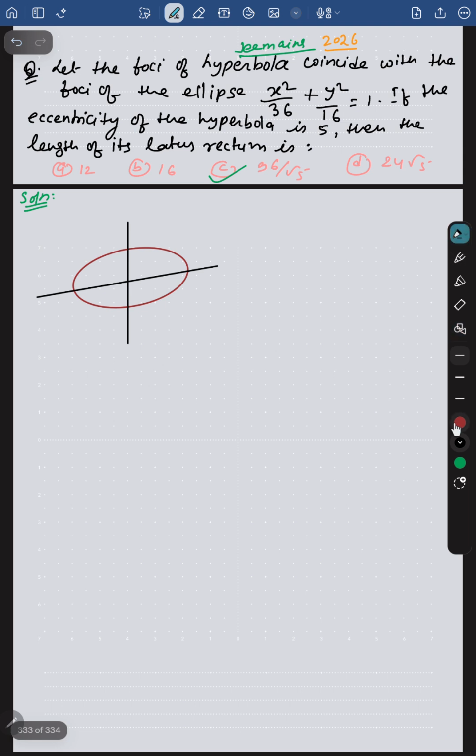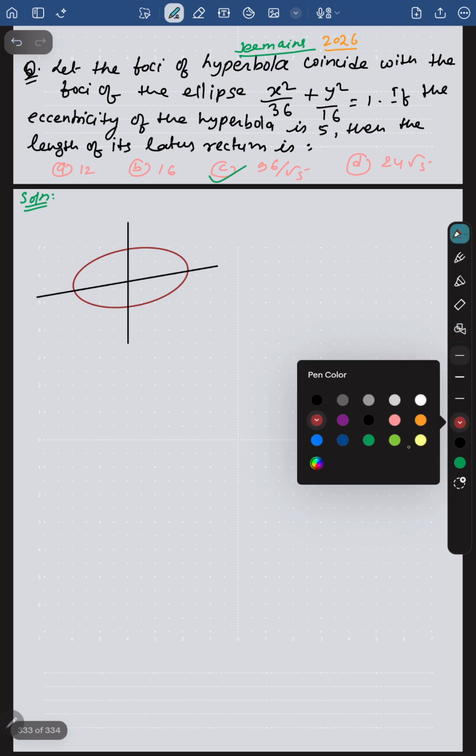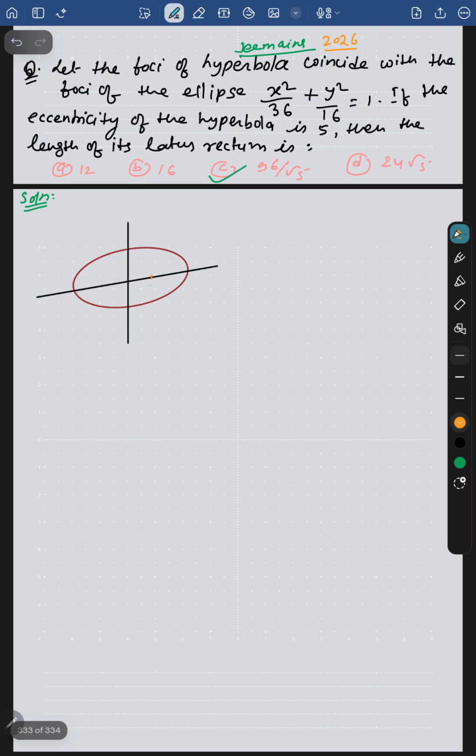There will be some position of the foci, (ae, 0) and here (minus ae, 0). This is point (a, 0) and this is (0, b). This is the major axis and this is the minor axis. a is greater than b.